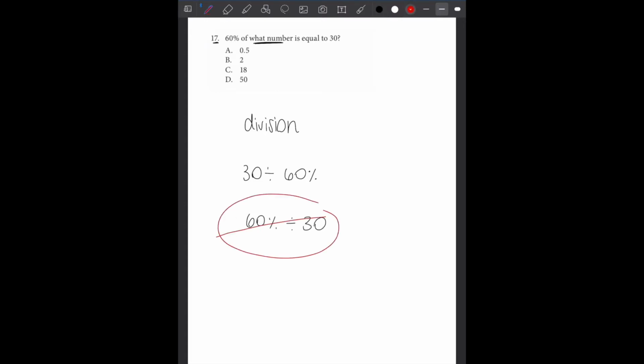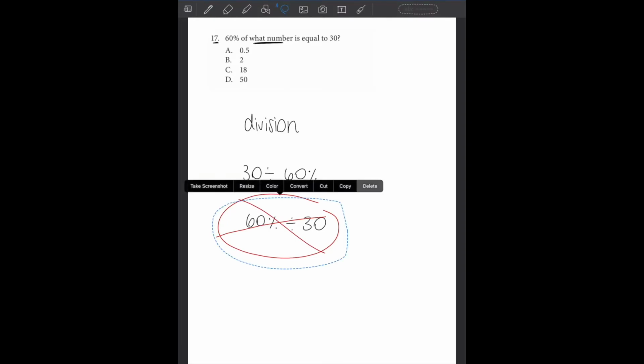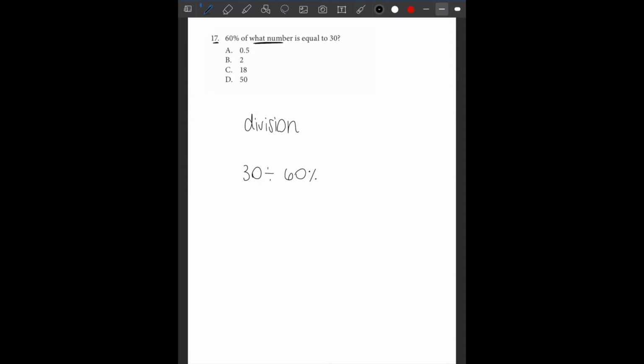If we did it this way, we would have gotten the wrong answer, so make sure you don't get mixed up and do not solve it that way. When we solve it this way, we have to make sure to convert the 60% into decimal form. Remember, we have to move this over 2 units, so it's going to be 0.60.